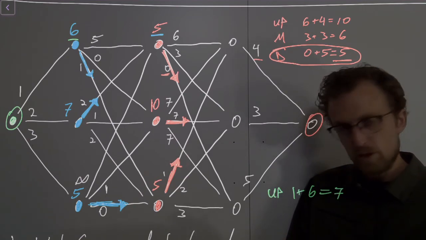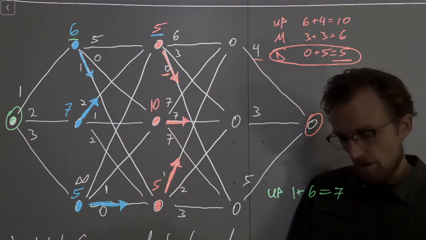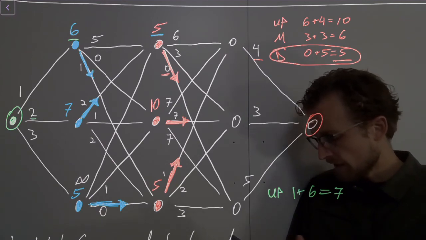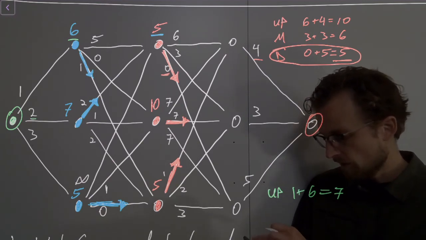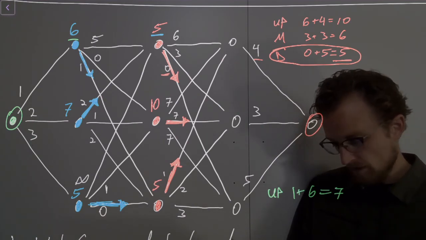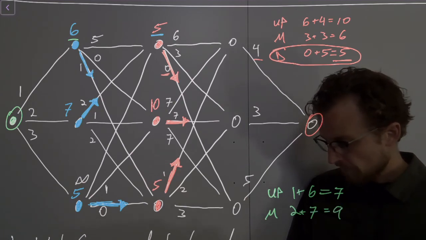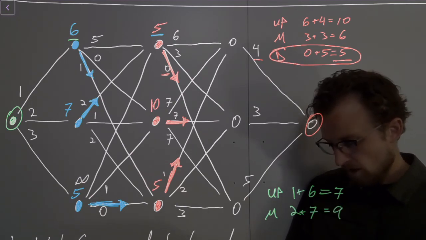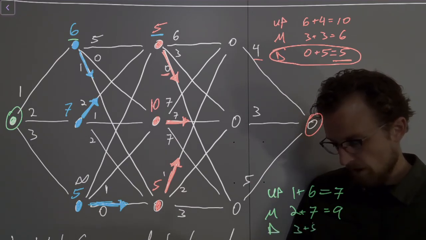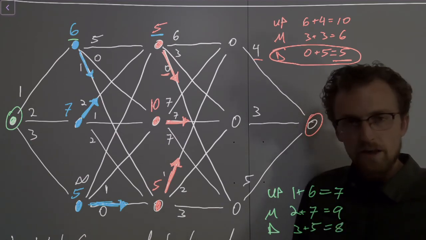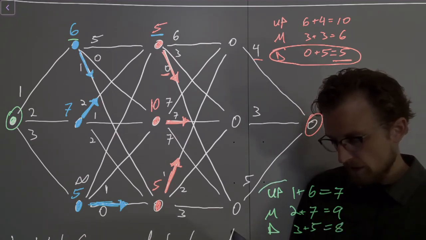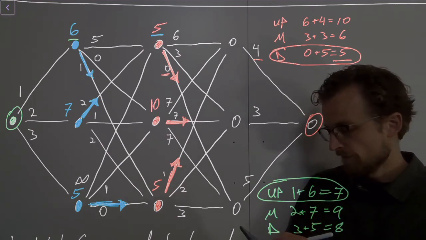If we go mid, we'll spend a cost of 2 to get to the next stage, plus a cost of 7 to go on from there, so mid is 2 plus 7, which is 9. And if I go down, that's a cost of 3 plus 5, which gives me 8. So what's the optimal thing to do from here? Well, it's go up to get a cost of 7. So there's our up, and the total cost will be 7.